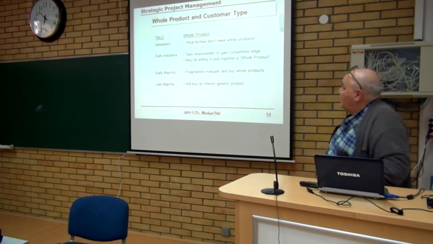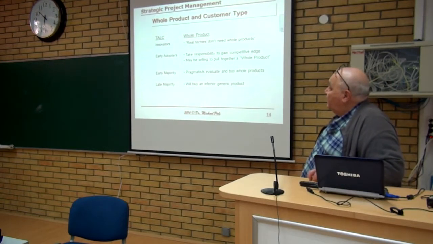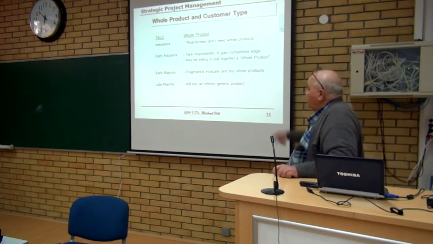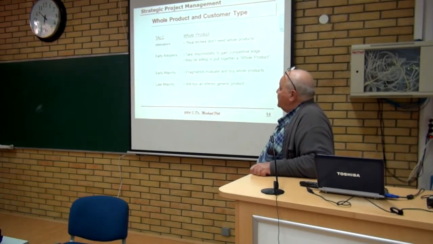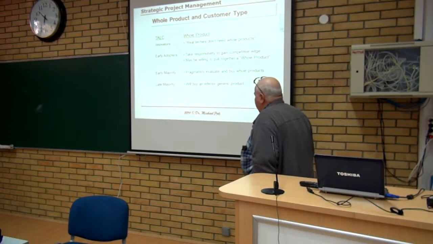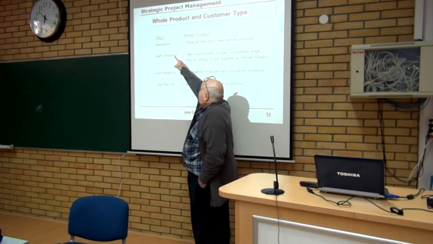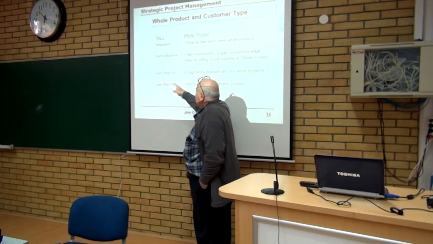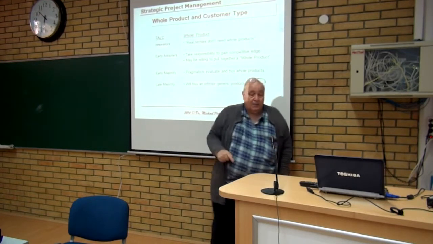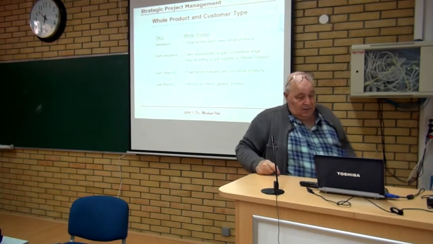So we have on the right side ideas from the whole product, on the left side ideas for the technology adoption lifecycle. These are what those kind of people were thinking in terms of whole product. So I made that correspondence.